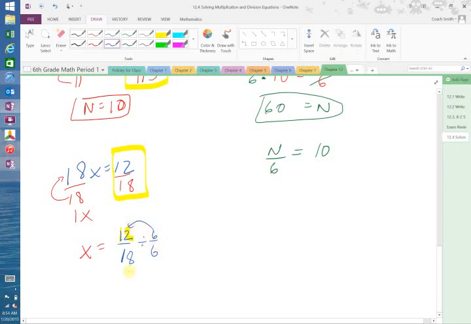So 6 goes into 12 2 times. 6 goes into 18 3 times. So X is equal to 2/3. So what that says is if I take 18 and multiply it by 2/3, it's going to give me 12.